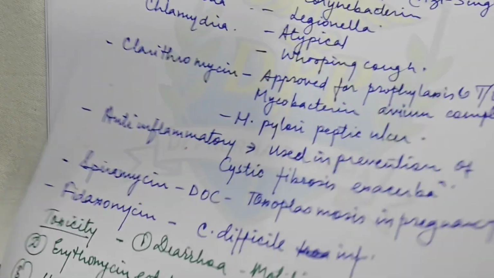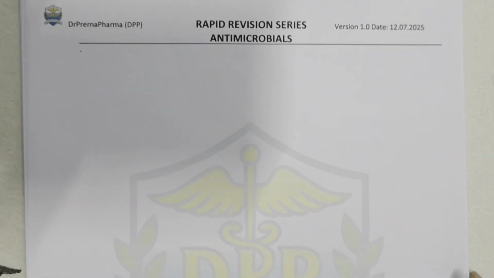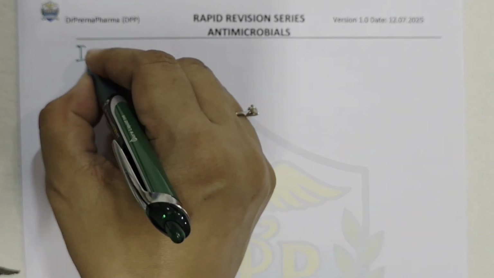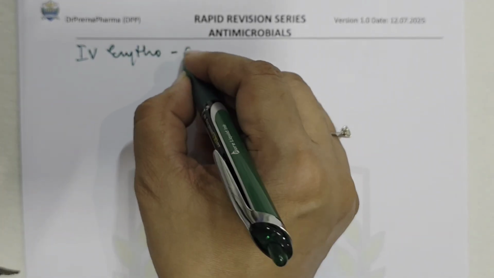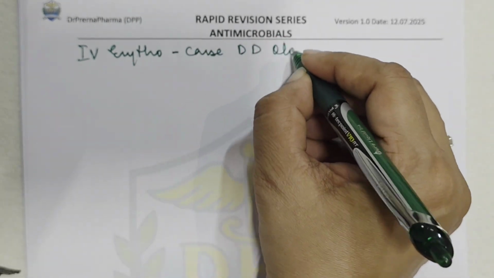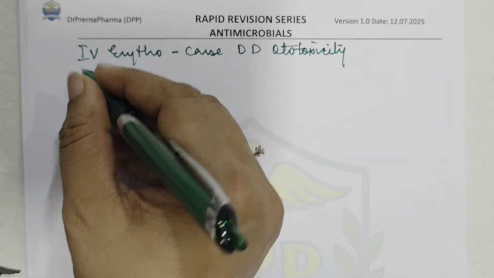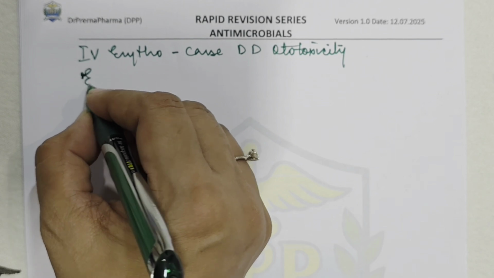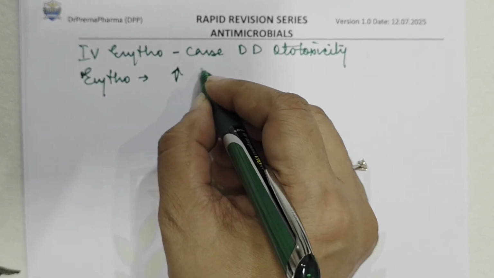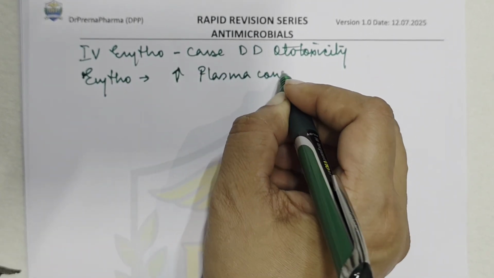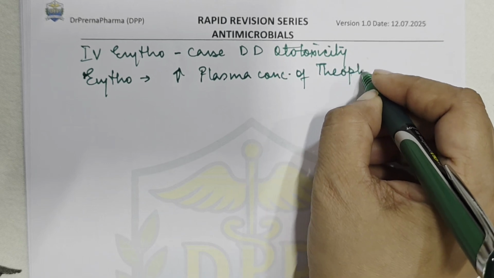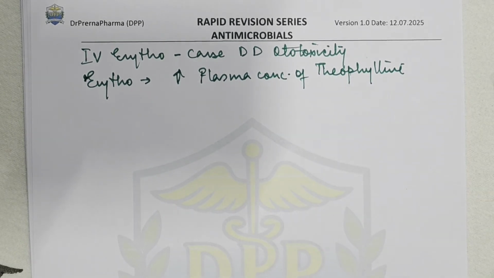Okay. Next, IV erythromycin can cause dose-dependent ototoxicity. Okay, and erythromycin can also increase the plasma concentration of theophylline. Okay, so with this we complete the macrolides.